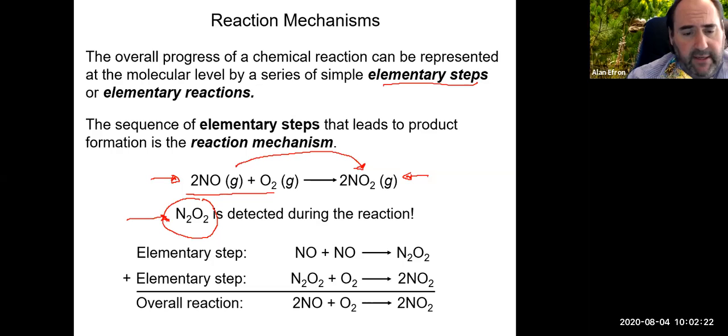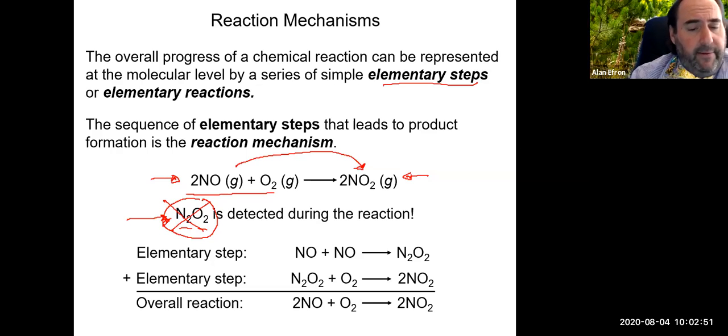But when this reaction actually does take place, you could test for it and you can detect it actually being formed. So what this implies is, unlike how the reaction looks, it doesn't necessarily occur all in one step. There must be a step somewhere along the way where this N2O2 was made, and there also must be a step along the way where the N2O2 gets used up. And that's why it does not appear in the overall reaction.